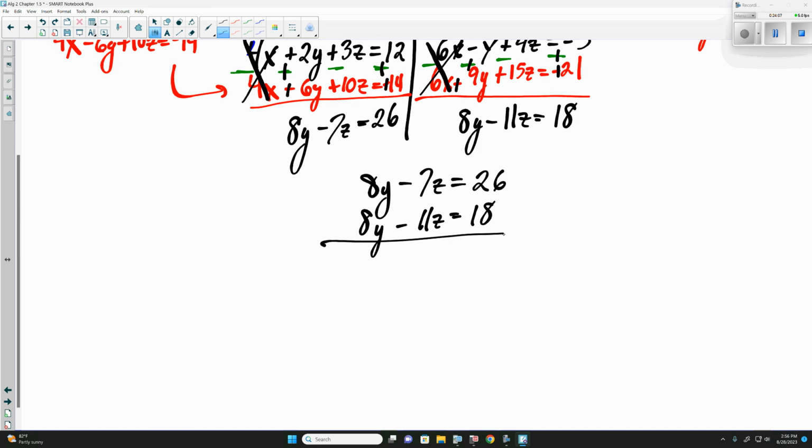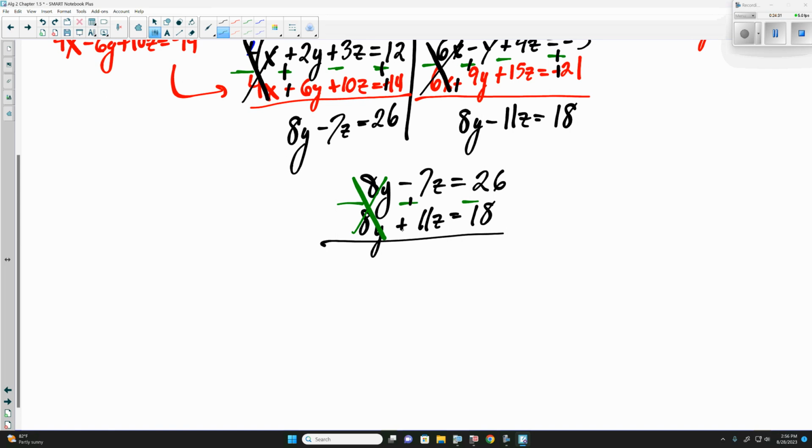And if we do this here, 8y and 8y have the same sign, so we would subtract. Because 8y minus 8y, 8 minus 8 is 0. So these do cancel out. And if we look at the rest of it, 7z minus negative 11z.